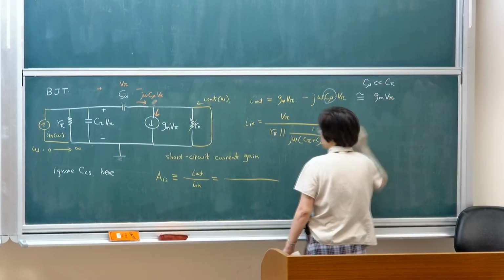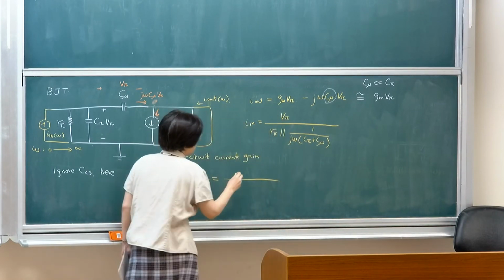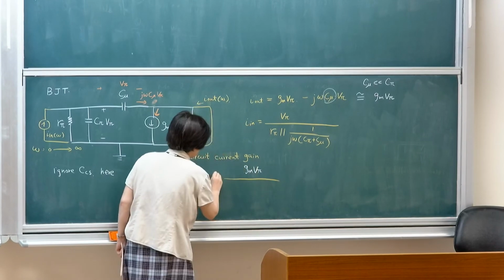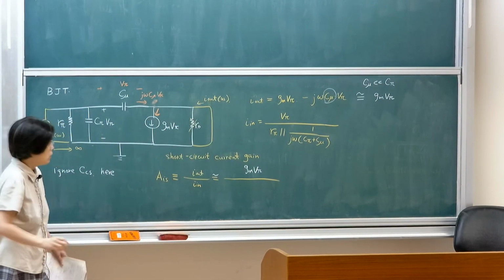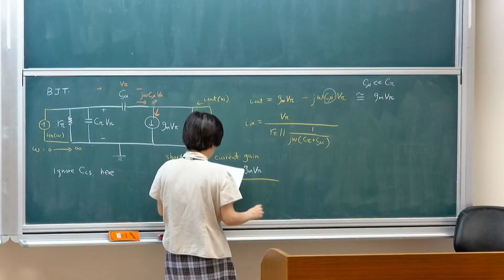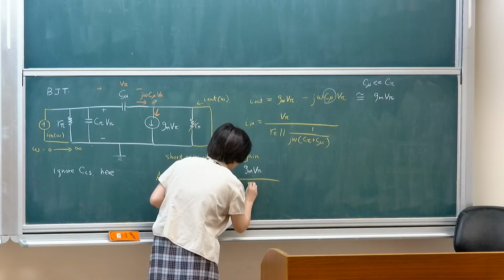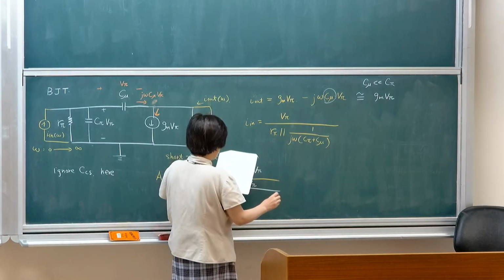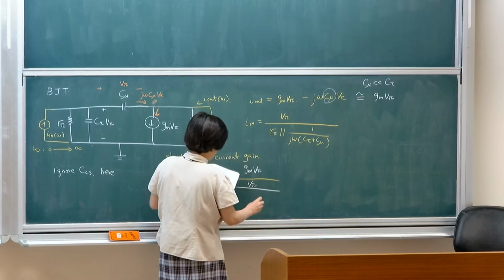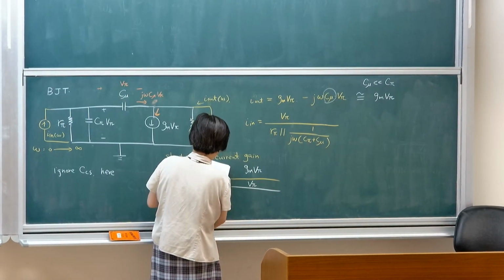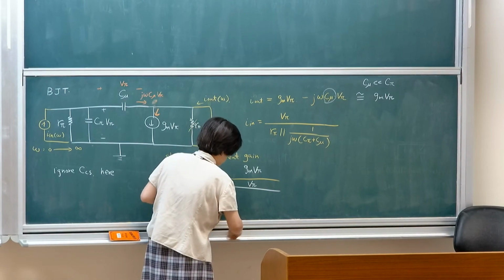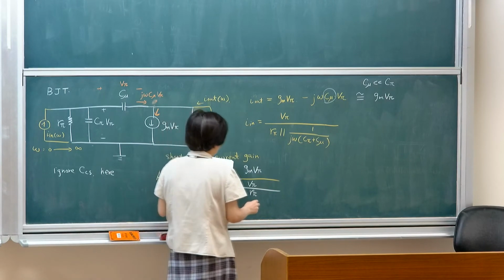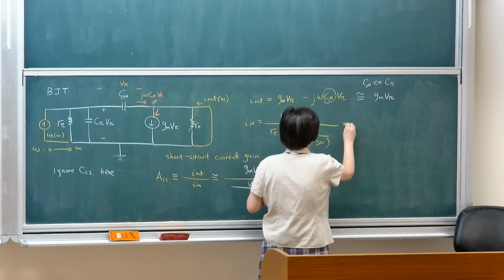Let's do this first. So then this component will be gm v pi. You ignore the feed-forward component. And the bottom term will simply be v pi. This can be rearranged. Let me use R pi. You do some rearrangement to find out this will be, let me write it down here.